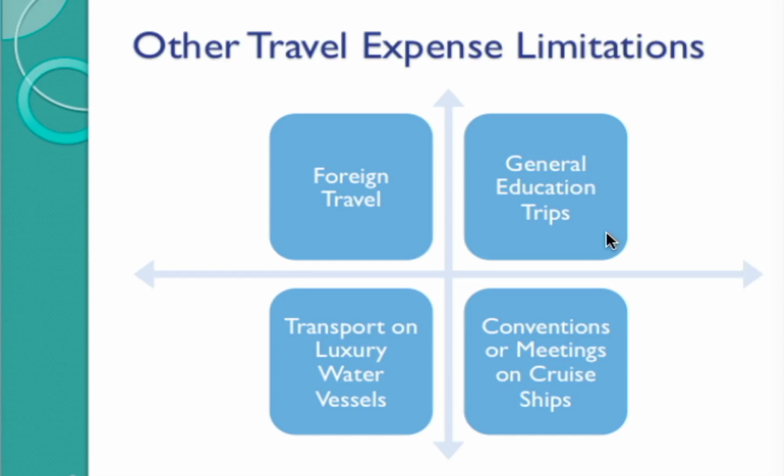Well, these are basically looked at with more scrutiny because it's very likely that these situations are going to involve abuse of the expense deduction. The IRS is going to say it's more likely that these are associated with just personal or pleasure travel, so we are going to be less likely to allow it in those situations.